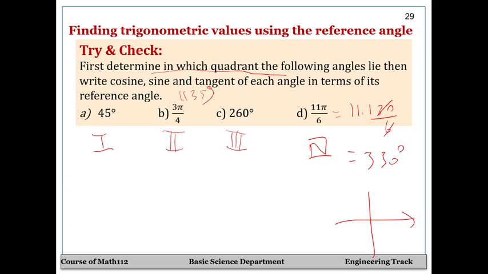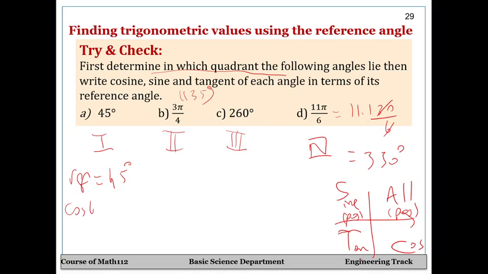Okay, we have this now, all STC. So all positive, S positive, sine positive, tangent positive, and cosine positive. So we are talking about all positive. Here, these are the positive trigonometric values. And the reference angle here is the same as itself.